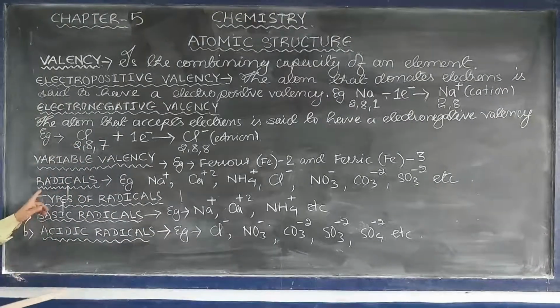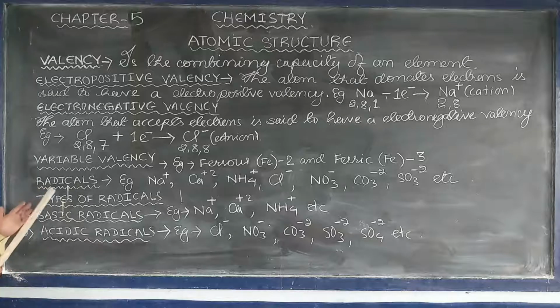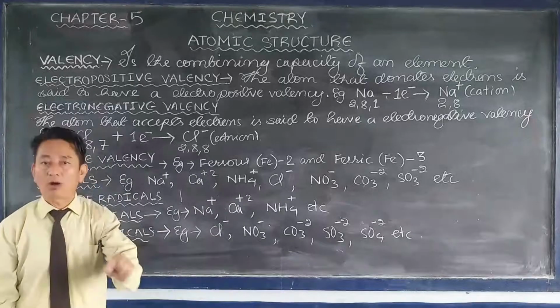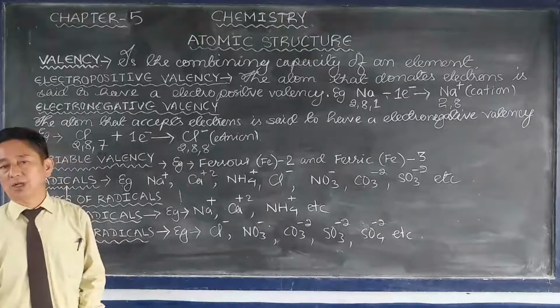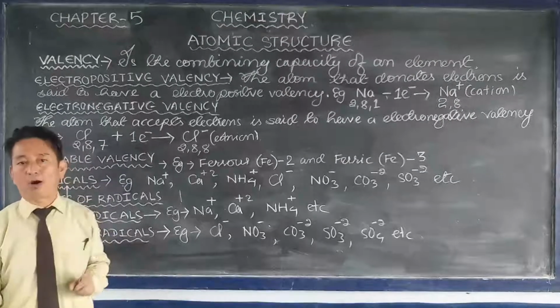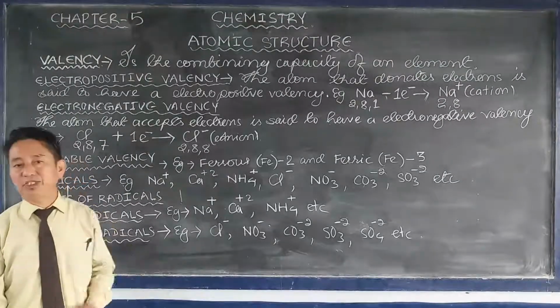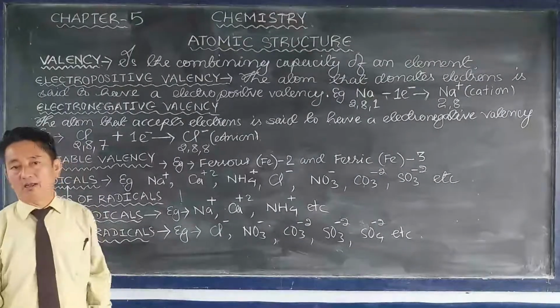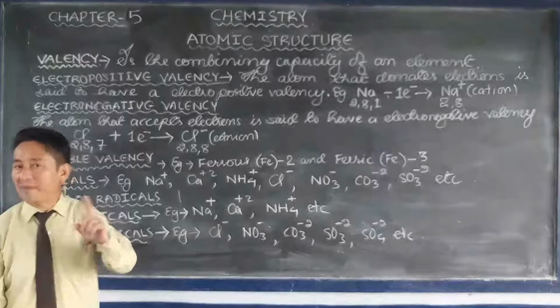Now next, radicals. Now what are radicals? A radical is an atom or group of atoms which behaves in the manner of a positive or negative charge. They have their own symbol or formulae and combining capacity.